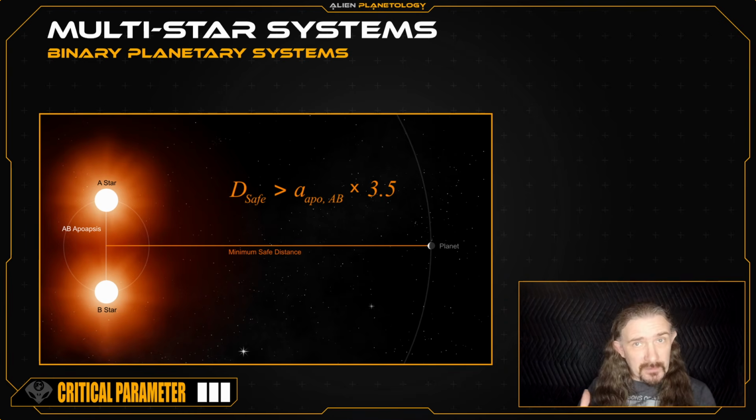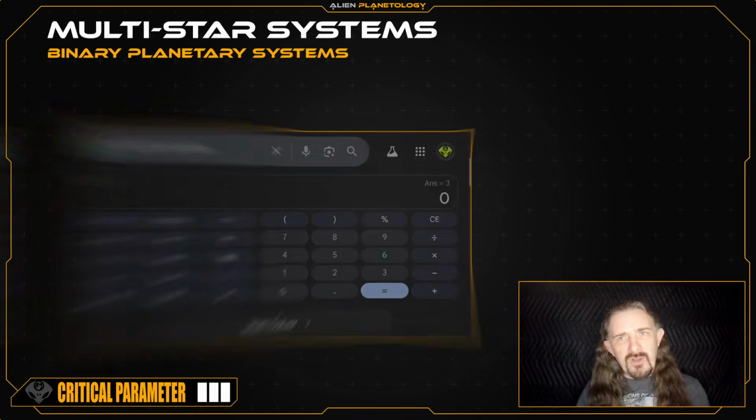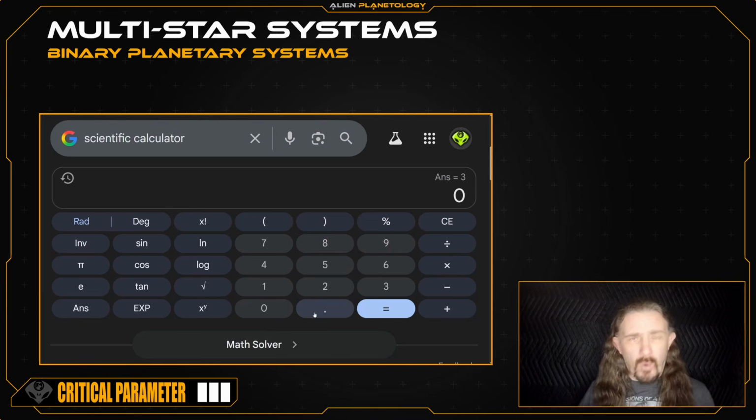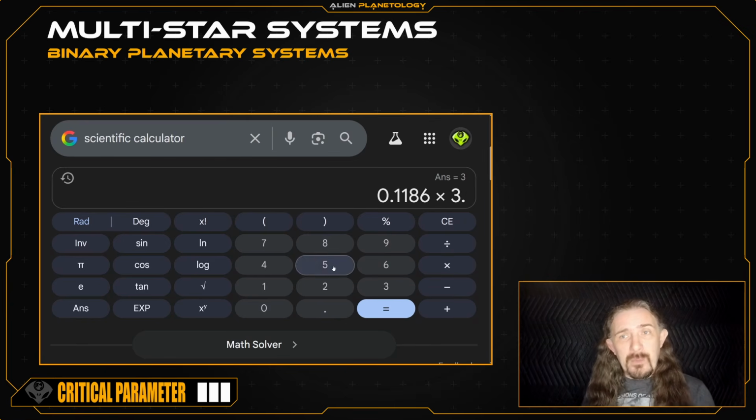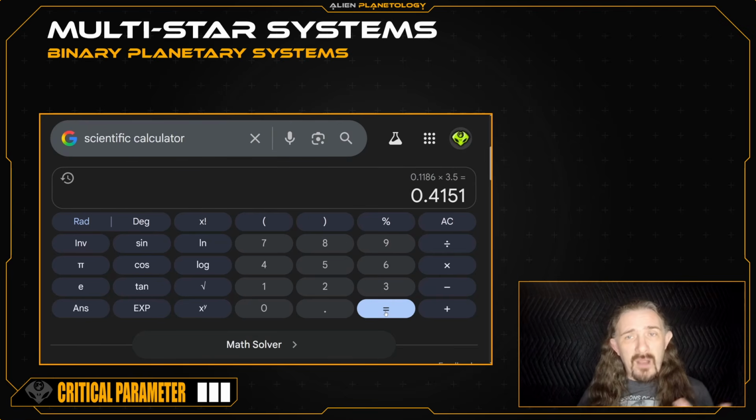minimum safe orbital distance. For my stars, their maximum separation, or apoapsis, is just 0.1186 AU. So I would enter that into my calculator and multiply by 3.5 to get the minimum safe distance for a planet. That gives me a value of 0.4151 AU, or about 62 million kilometers.